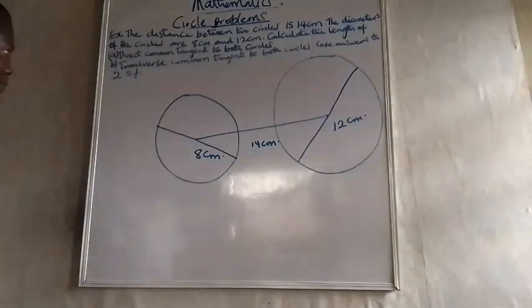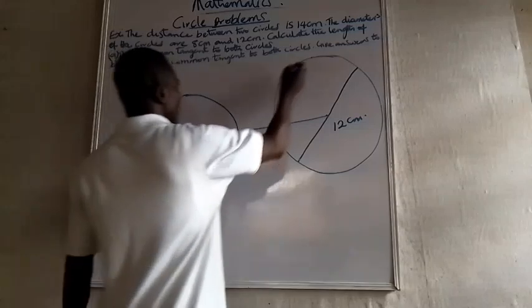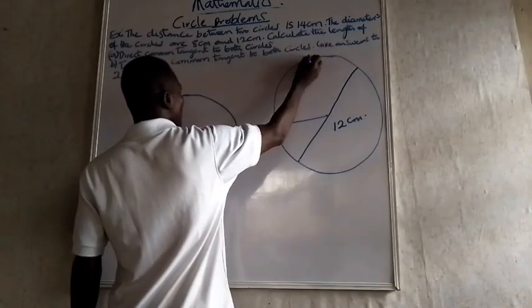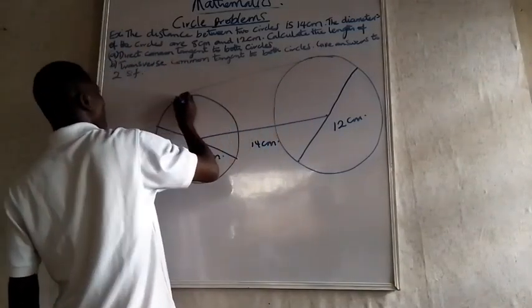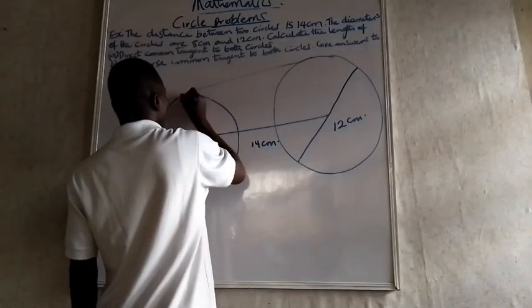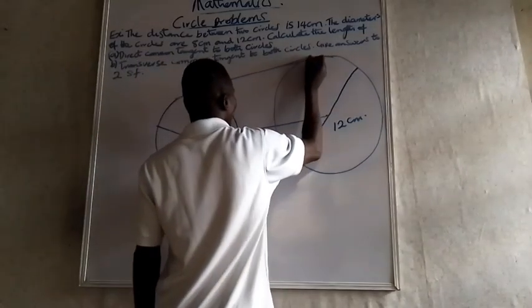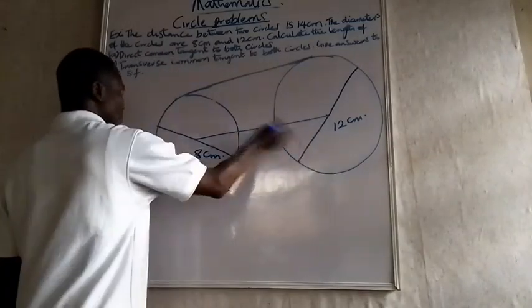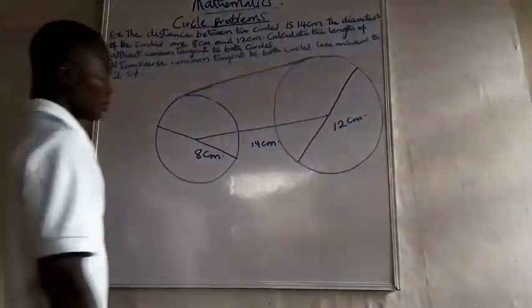So we are now asked to calculate the tangents, direct tangents. So let's draw direct tangent now. So it can be from here, it can be from here. Anyone. The length will be equal.